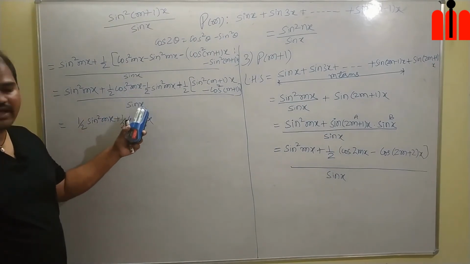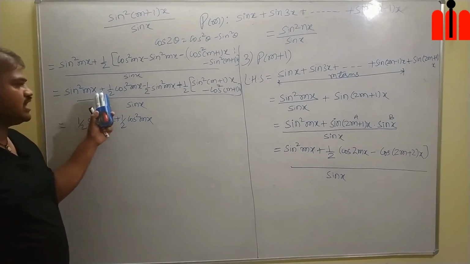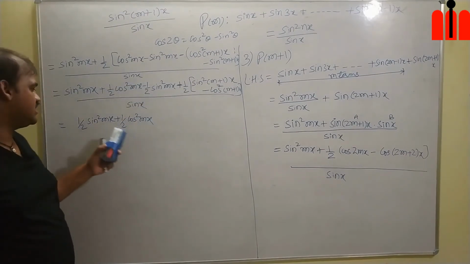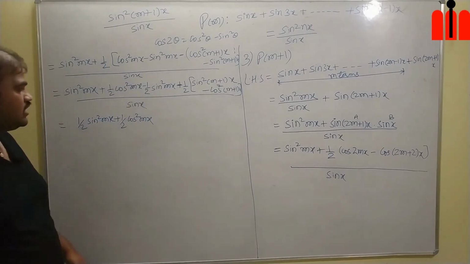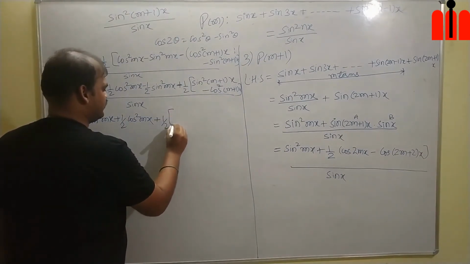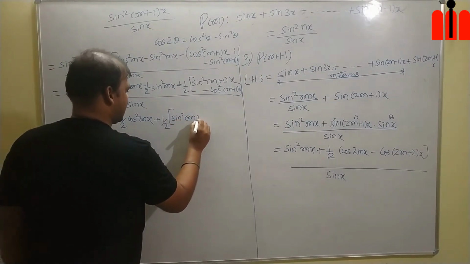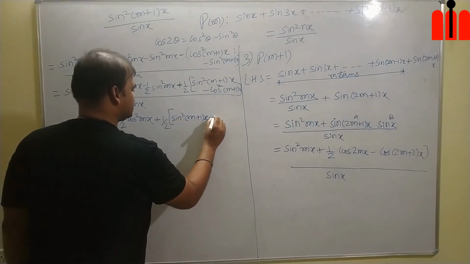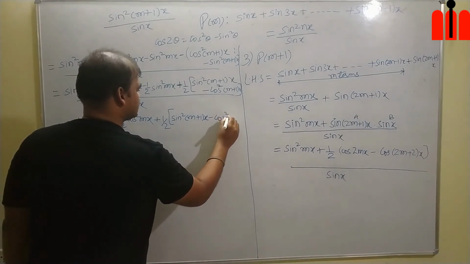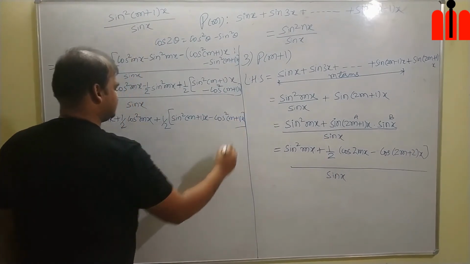Here it is cos square mx, and here you do the arithmetic operation, sin square mx minus half of sin square mx. So you will get half of sin square mx plus half of sin square m plus 1x minus cos square m plus 1x.